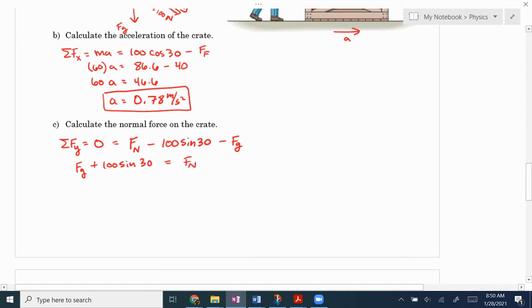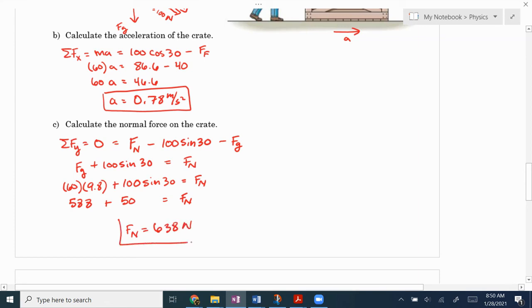The force of gravity is m times g, so 60 times 9.8, plus the 100 sine 30. 60 times 9.8 gives you 588, plus 100 sine 30 gives you 50. 588 plus 50 gives you a normal force equal to 638 newtons. So there we go. All right, one more left here.